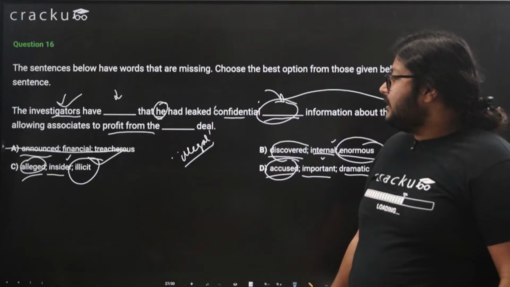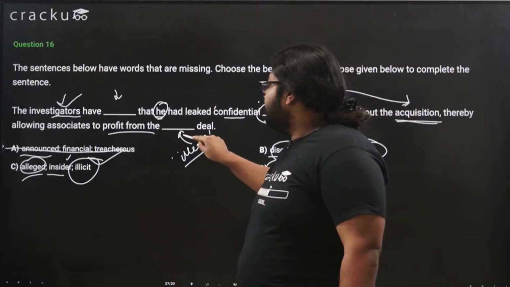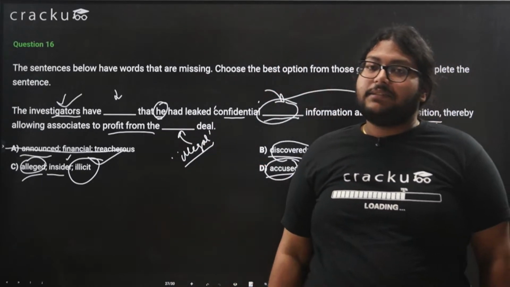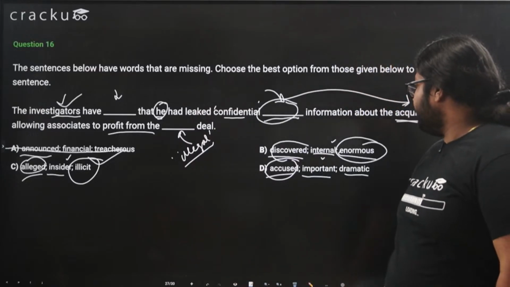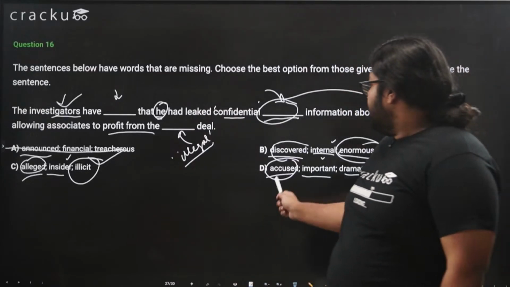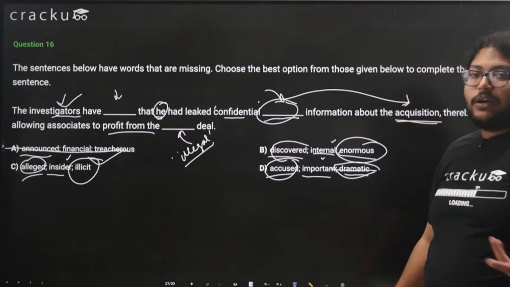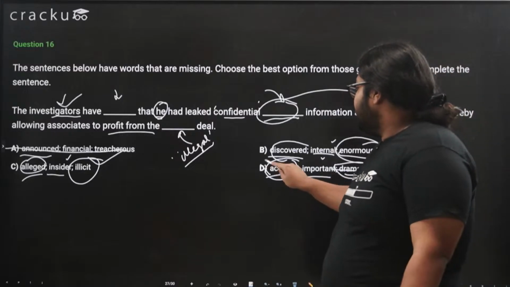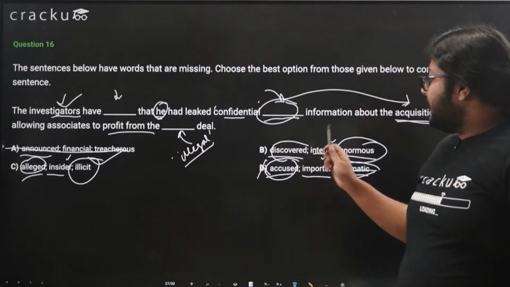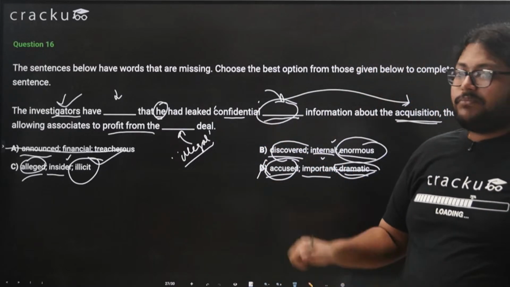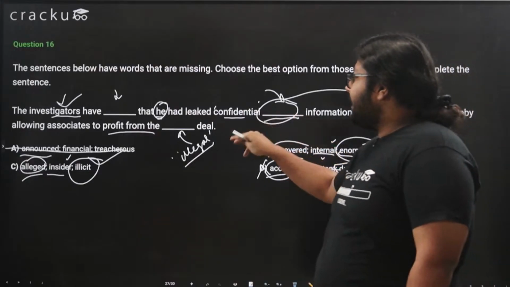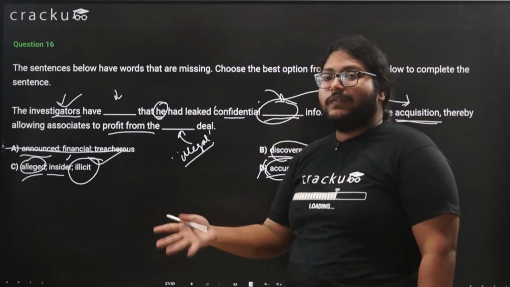Does that make more sense? Or allowing them to make profit from the illegal deal, does that make more sense? And dramatic deal is very easily rejected, because how is this dramatic, right? So we can say C is the correct choice here, but then again, let's just plug in both of them in the sentence and see which makes more sense.